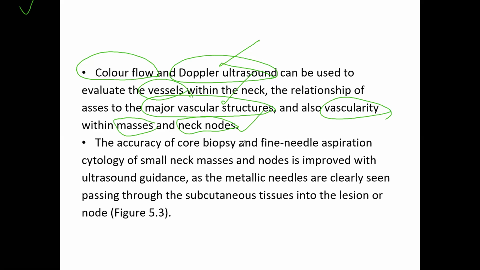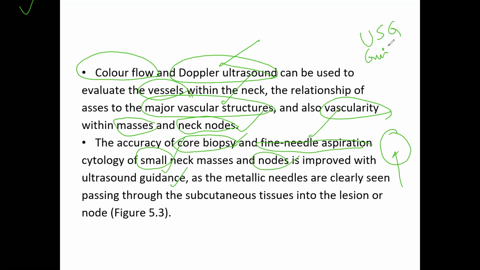The accuracy of core biopsy and fine needle aspiration cytology of small neck masses and nodes is improved with ultrasound guidance, as the metallic needles are clearly seen passing through the subcutaneous tissue into the lesion or the node. Core means you take from the center. You have to always do it USG guided, USG guided FNAC or USG guided core biopsy.